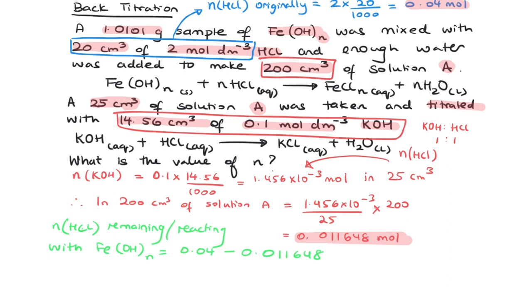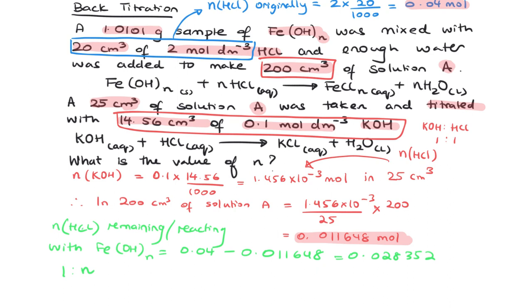Let's see what that gives me. That gives me a value of 0.028352 moles. Now we know that the ratio of Fe(OH)n to HCl is 1 to n.